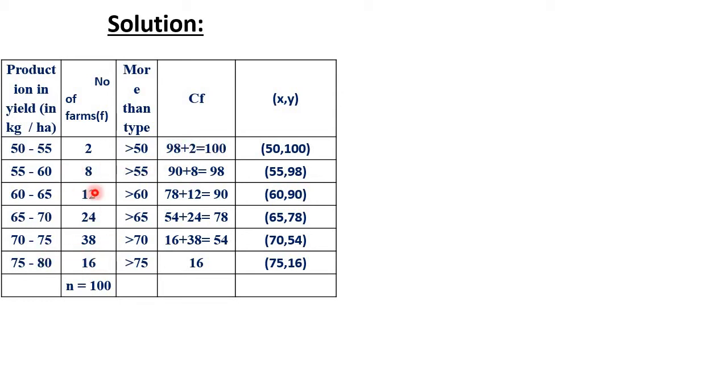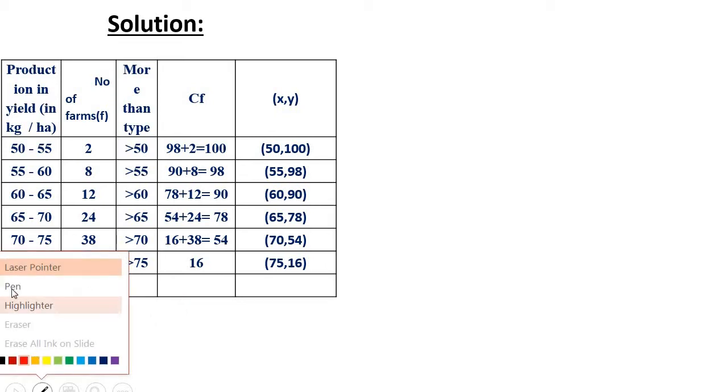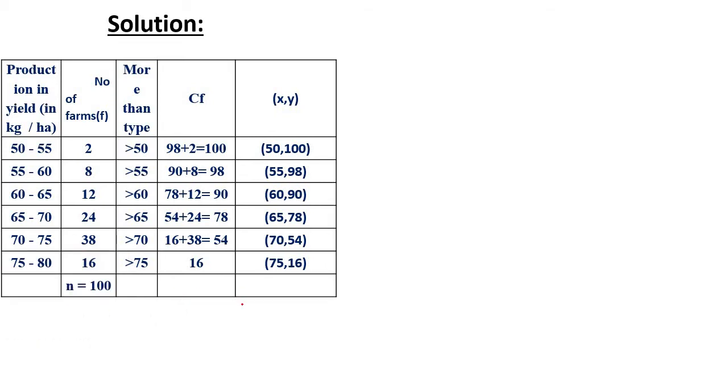Similarly, for this more than type, let us add from the bottom. It is very easy to calculate. Let us add from the bottom for the more than type of distribution.